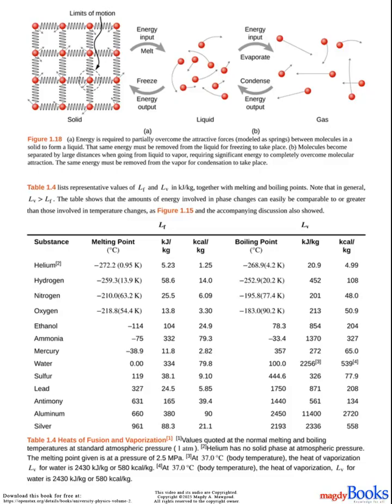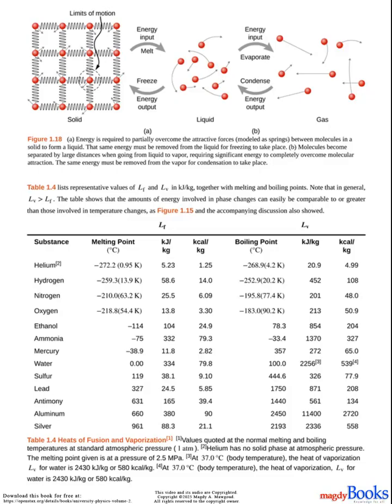Oxygen. Melting point, negative 218.8 degrees Celsius, 54.4 K. 13.8 kilojoules per kilogram, or 3.3 kilocalorie per kilogram. Boiling point, negative 183.0 degrees Celsius, 90.2 K. 213 kilojoules per kilogram, or 50.9 kilocalorie per kilogram.